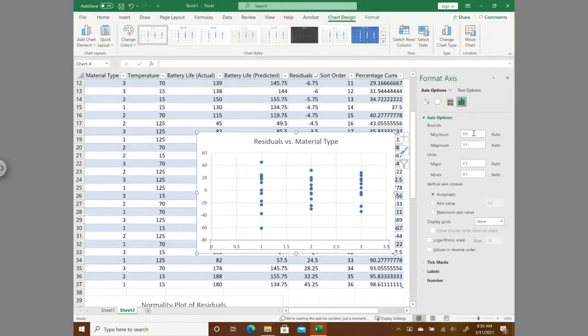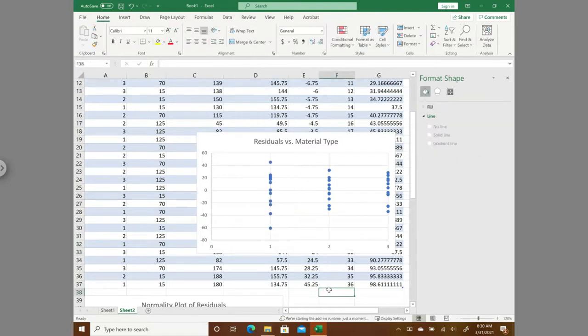Minimum, zero can be fine, but if you like to do one material type there, maximum is 3, and increment should be 1. Or if you don't like that to go on the y-axis, here you can put a 0 there. And here we are, right? One, two, three material types and residuals on the y-axis.